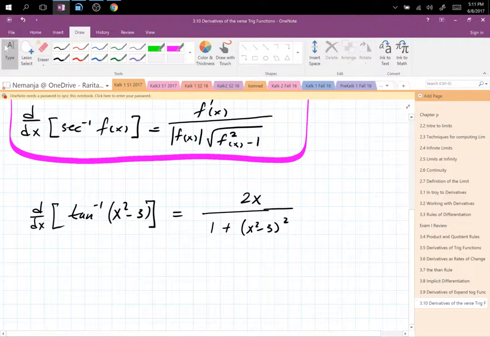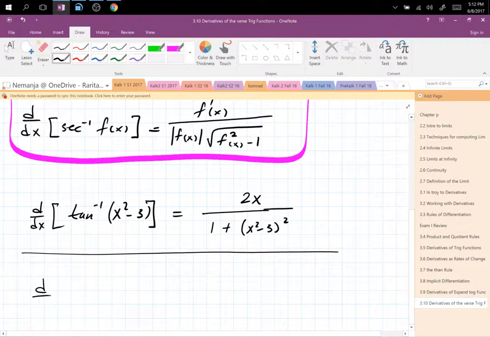Because once you find the derivative, it will do one of two things. Derivative will either be used to find a tangent line, or derivative will be set equal to 0 to find min and max. We'll see that in chapter 4. So if you have a denominator and that's equal to 0, that denominator will cross multiply into a 0 and just die. So there is no need to do anything to a denominator.